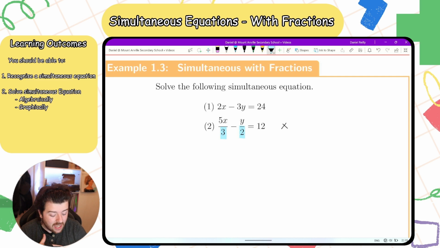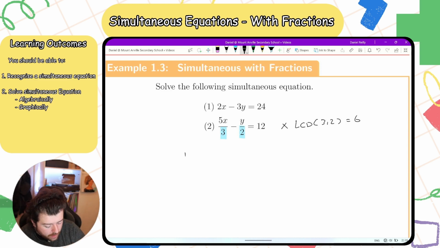So if we see here in equation 2, I'm going to be multiplying across now by the lowest common multiple of 3 and 2, i.e. what's the smallest number they both divide into evenly. And the lowest common multiple of 3 and 2 is equal to 6. So I'm going to be multiplying every single term by 6.